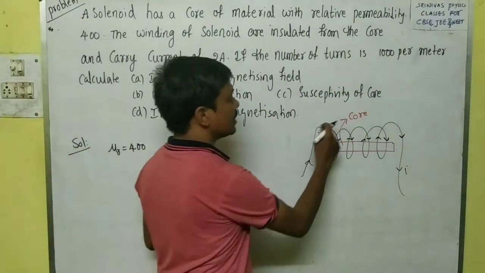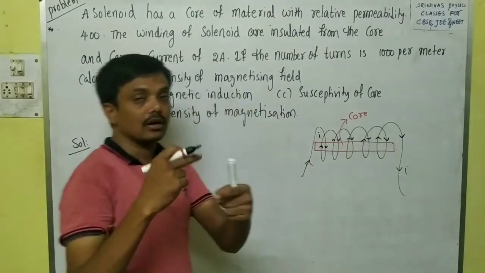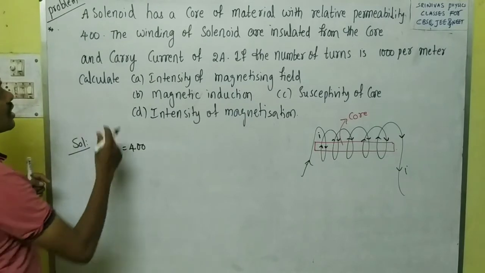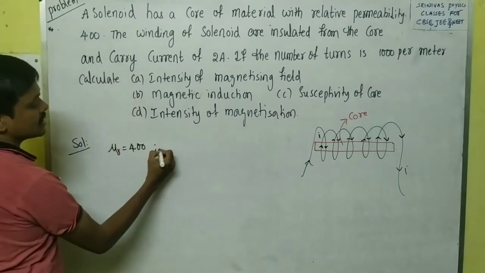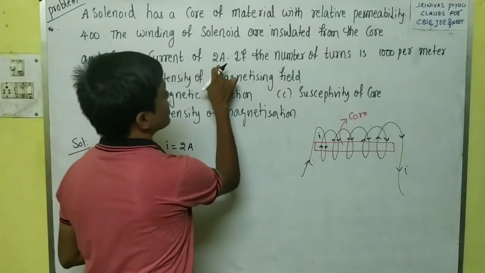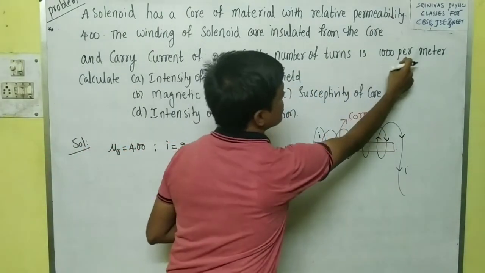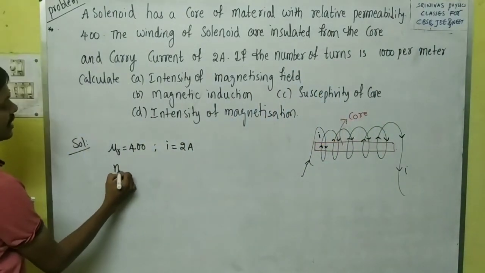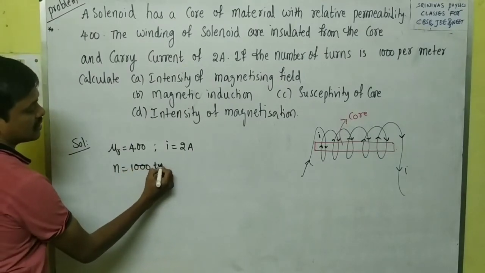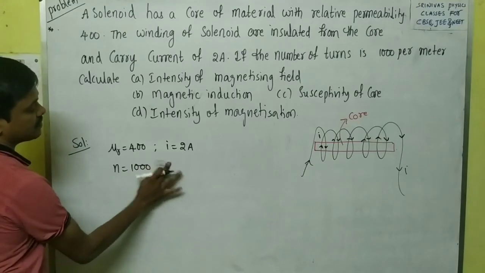The current in the solenoid is 2 amperes, and the number of turns is 1000 per meter, that is, small n is 1000.